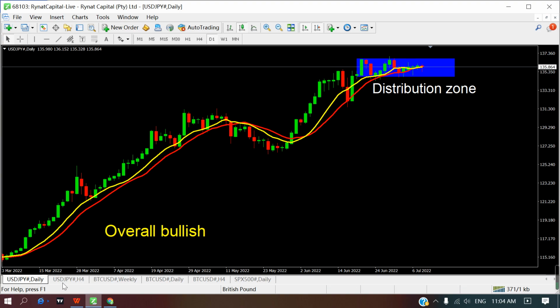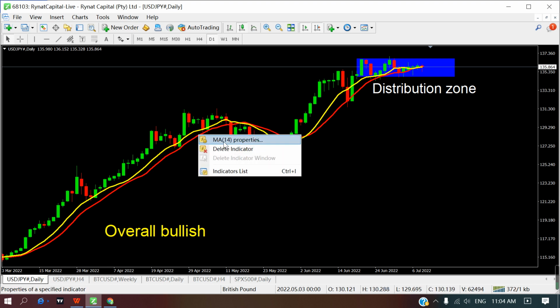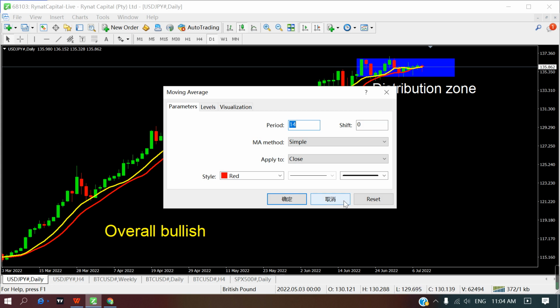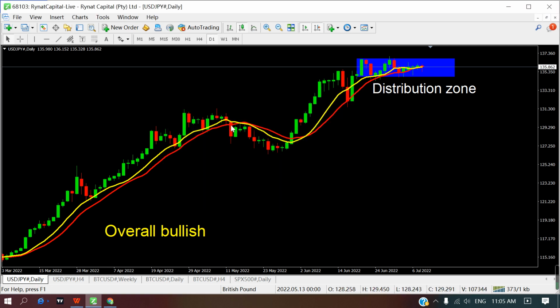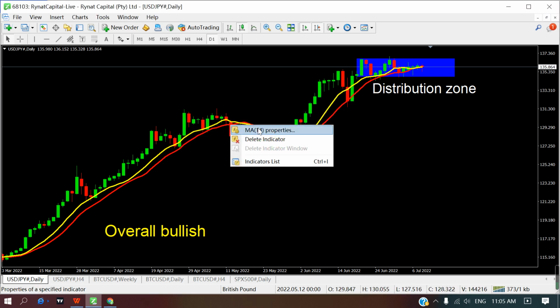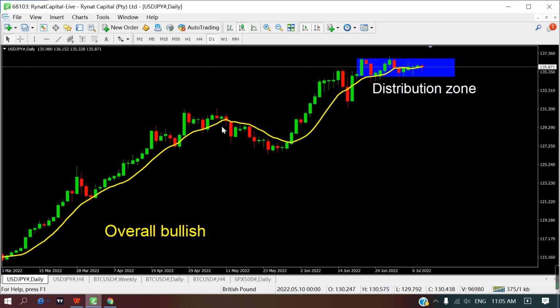So let's go back to the USDJPY. If now I choose the 10 days MA, then I will say it is always being broken, with too many false breakouts.